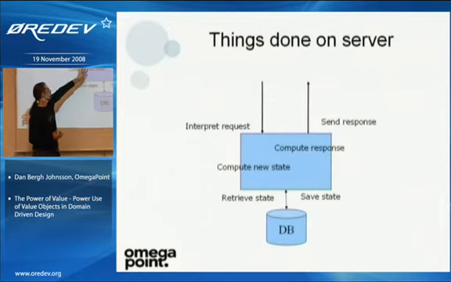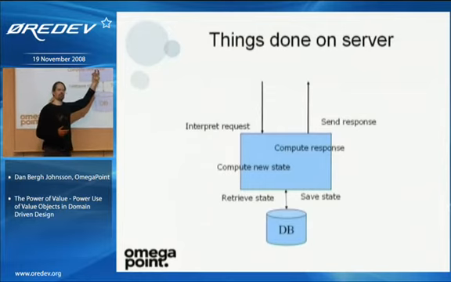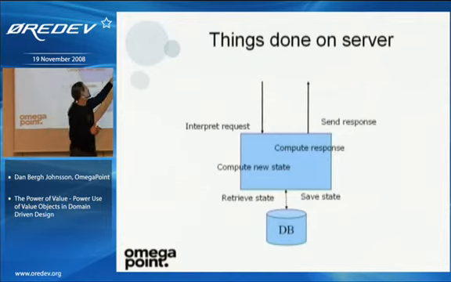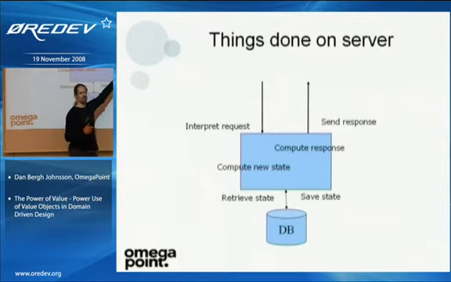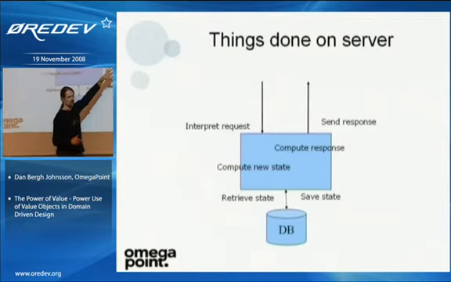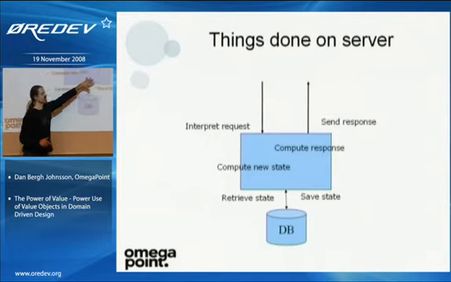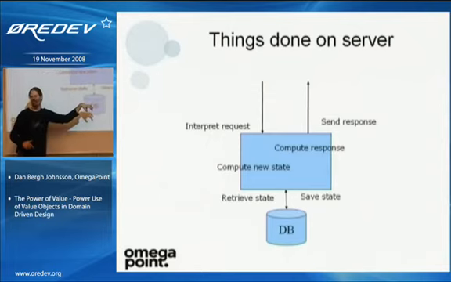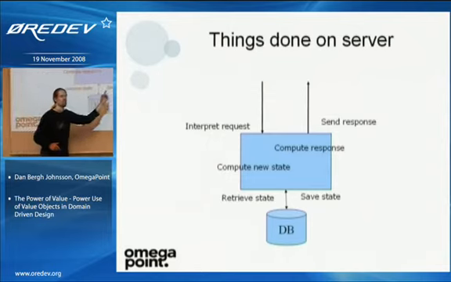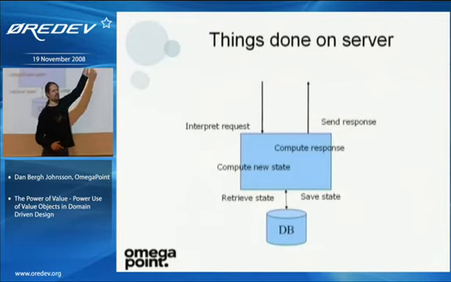We will then compute a new state of that object graph. Depending on the result, we will compute a response, success or failure. We will save the new state back to the database, and then we'll send the response back to the client.